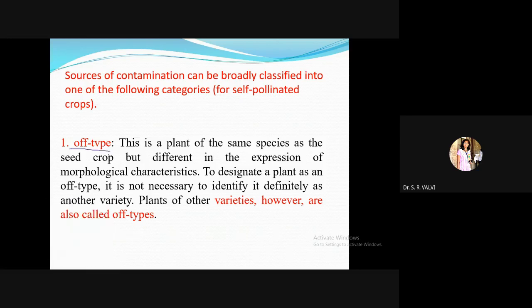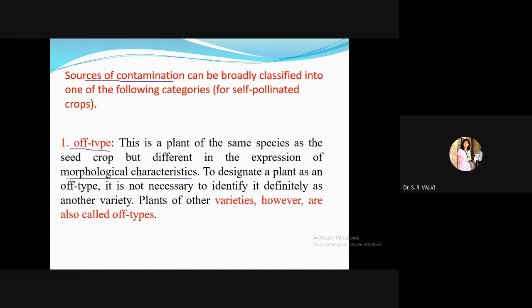Off type. Which plant you have to consider as off type while mentioning under sources of contamination, what things you have to remember. Off type means a plant of the same species. Whatever species you have sown in your field, the same kind of species is observed, but it expresses different morphological characteristics.